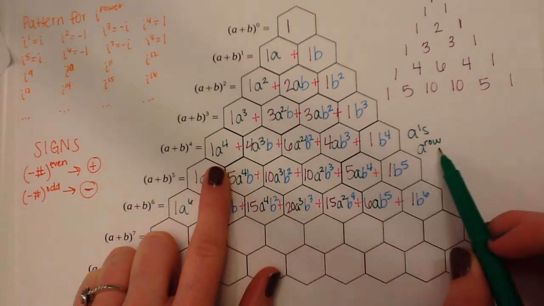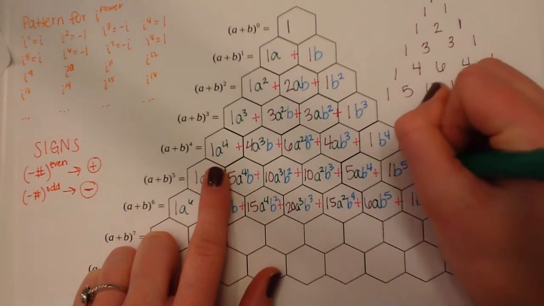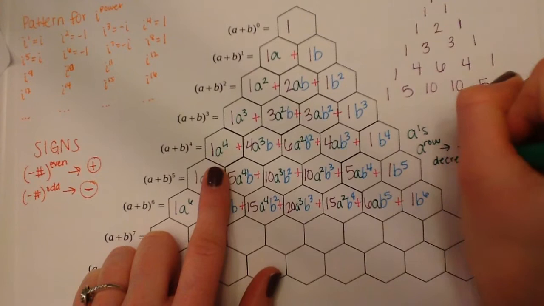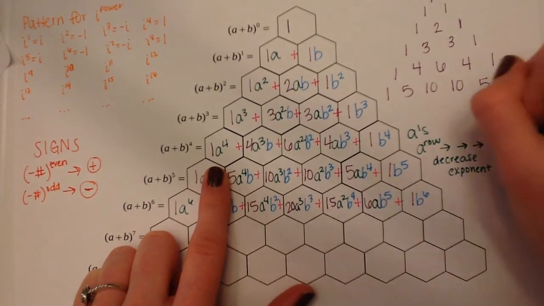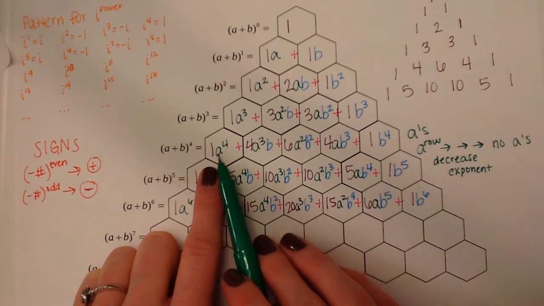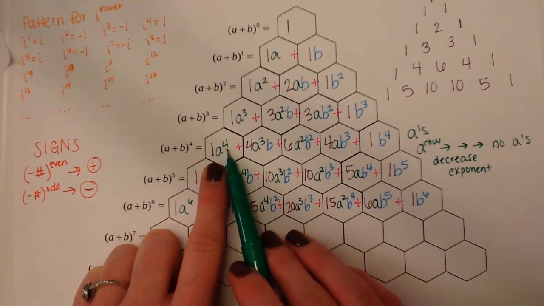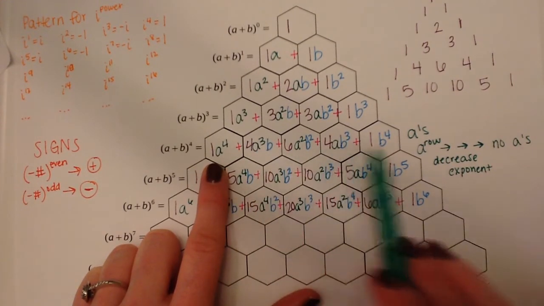So it's a to whatever row you're looking at, and as you keep going, you're decreasing the exponent until you end up with no a's at all. So on this one, we started out with a to the fourth, and we kept going down one. So we went to a to the third, a squared, to no a at all.